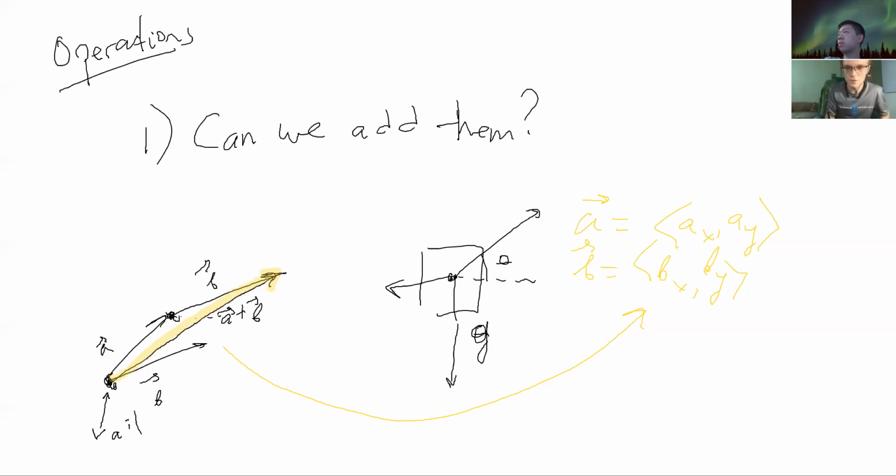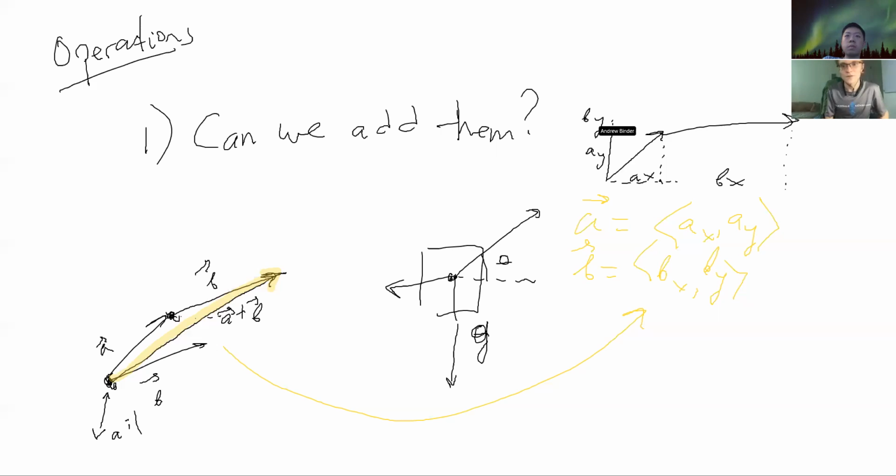I'm gonna redraw the vector A and the vector B here, just so that you guys see it clearer. And I'm gonna notate what AX and AY are. So here's AX, here's BX, here's AY, and here is BY.